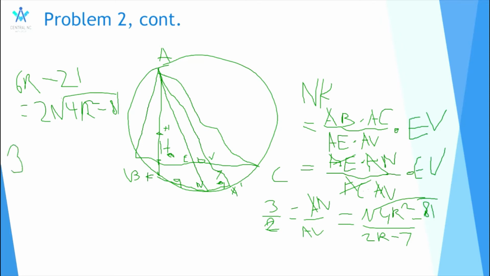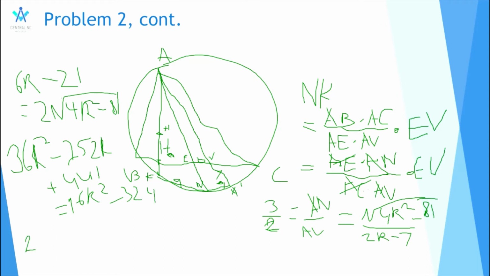Squaring gives 36r squared minus 252r plus 441 equals 16r squared. 20r squared, this is after simplification.